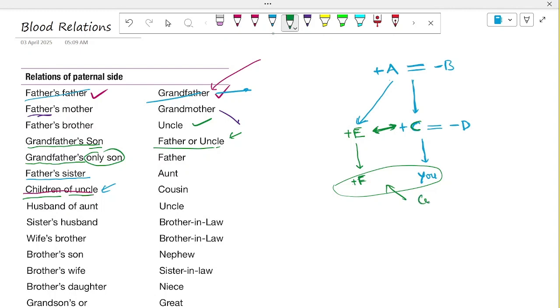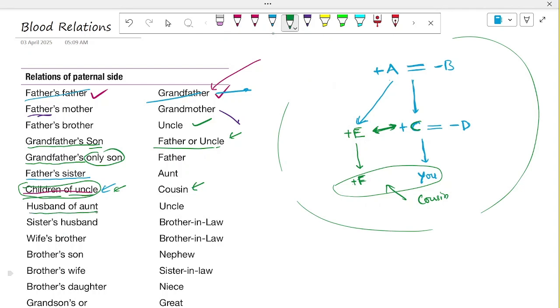They will be cousins. Just by reading this you will understand, but I don't want you to do that. If it is understandable, that is fine and good, but try to understand this diagram because this is very helpful when you are solving complex questions.